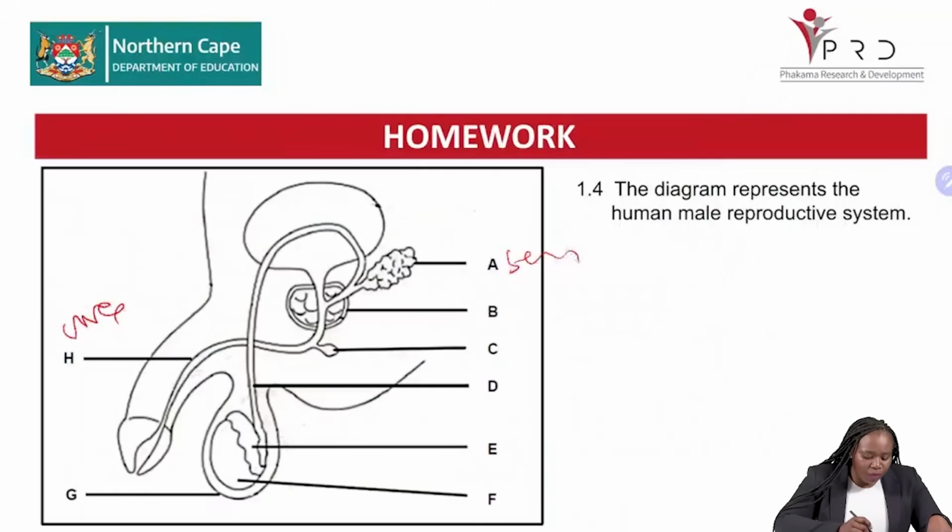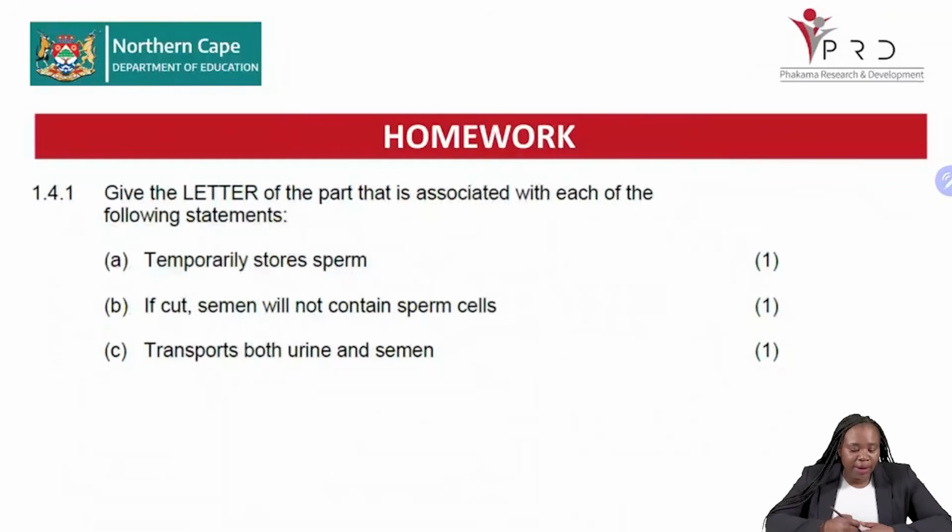Right. Now, for example, part G, you should be able to understand why part G is structured the way it is. Why is part E placed where it is placed? What does it do? Then from there, you'll be able to answer any of these questions.